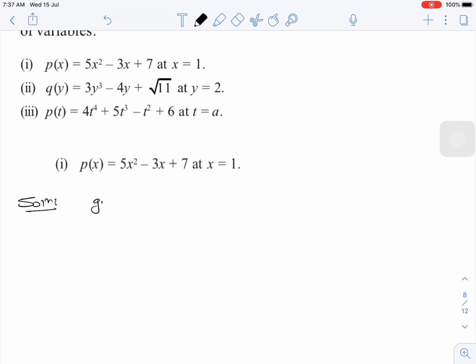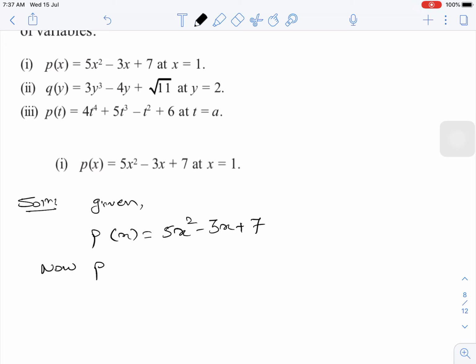Solution: first we have to write the given things. Given p(x) equals 5x square minus 3x plus 7. Then we have to write p of, now what is given? We have to use x equals 1, that is 1 as the value of x.